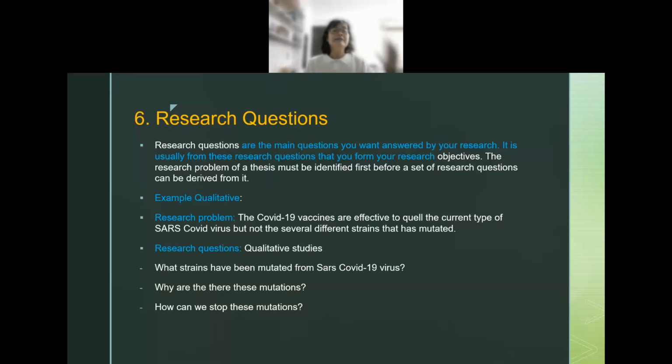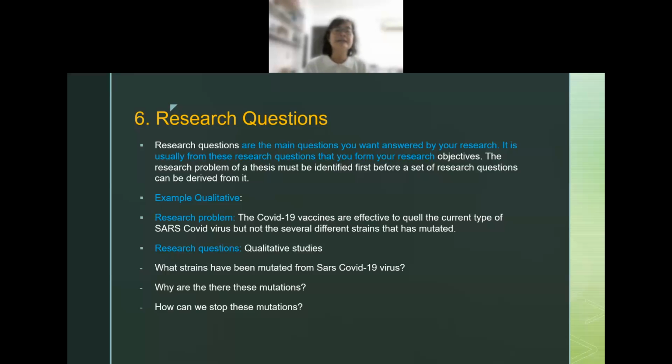Okay, research problem, for instance, an example here: the COVID-19 vaccines are effective to quell the current type of SARS-CoV-2 virus, but not the several different strains that have mutated. So we are doing a qualitative study, meaning interviews with all the experts, the doctors at the front line and the researchers on the COVID-19 vaccines, for instance.